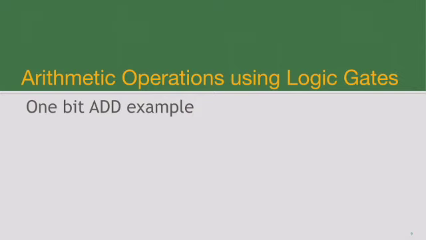Here I would like to mention that all of the arithmetic operations, or any operation that the computer can perform, can be created at the back end in electronic circuit form using a combination of logic gates. So here, as an example, we will just look at one arithmetic operation, which is the add operation, and we will see how the add operation can be performed using a combination of logic gates.